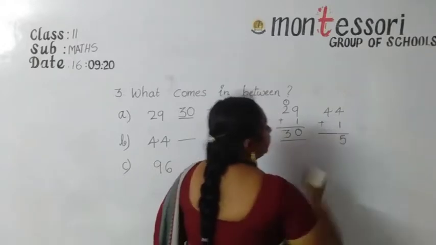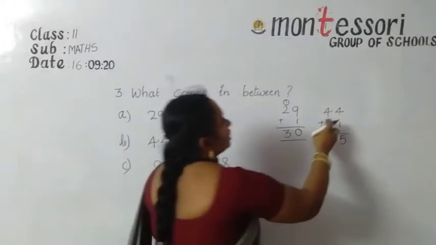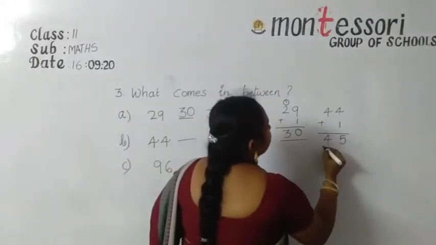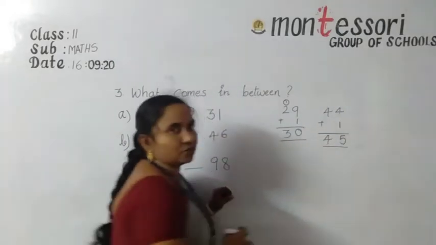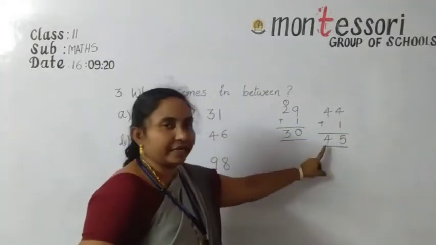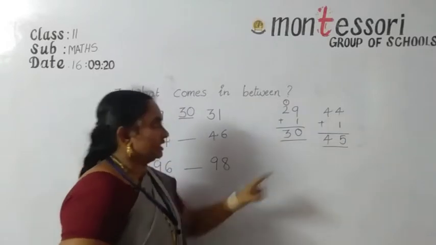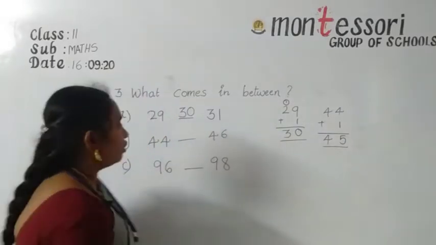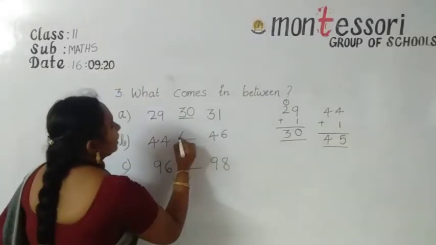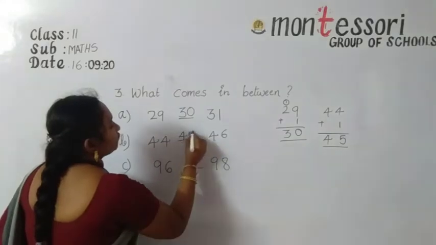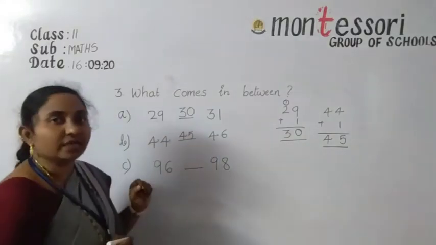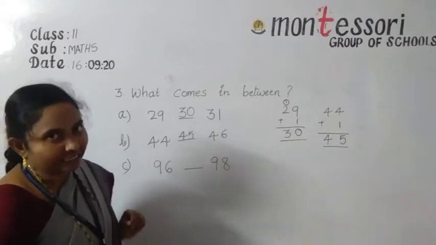I am writing 5 here, and here 4 I am writing directly, as there is no adding of numbers. So what is the answer? 45. I am writing 45 in the blank. All of you write the answers with pencil in your textbook.